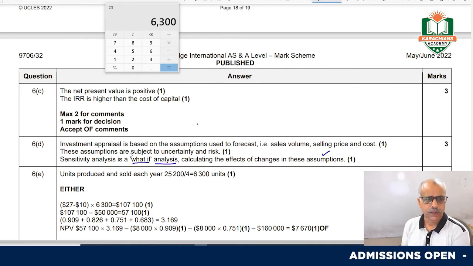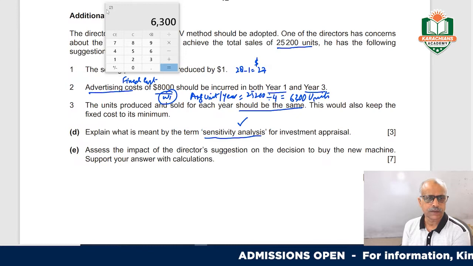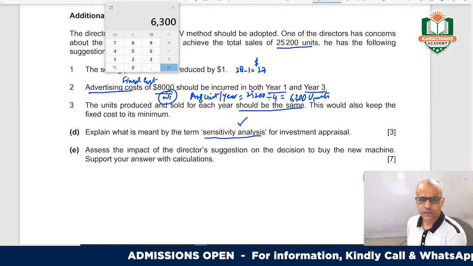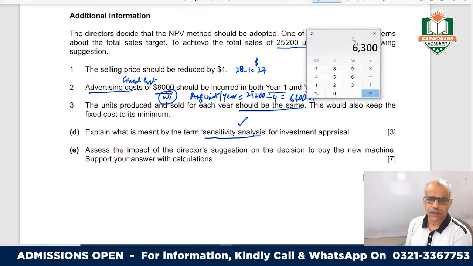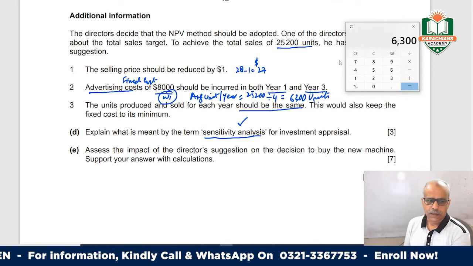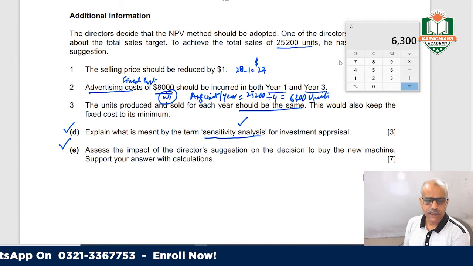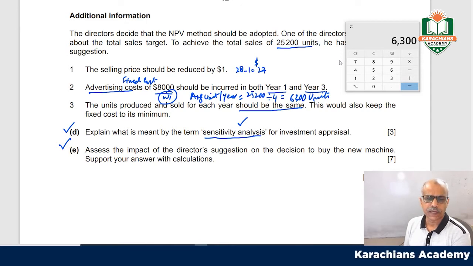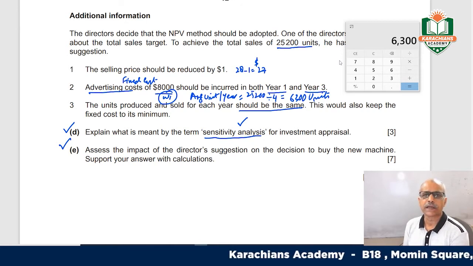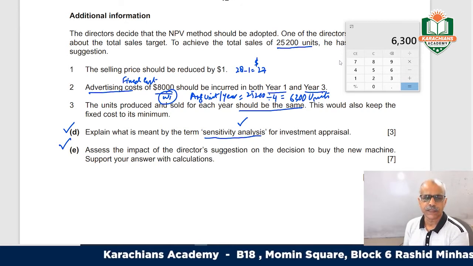So move on to the next question. So sensitivity analysis, you further read this now. So we are done with question D. Now question E, assess the impact. So this is again the practical of sensitivity analysis, because here the director is doing the sensitivity analysis.